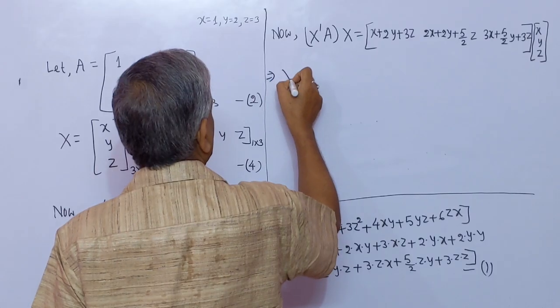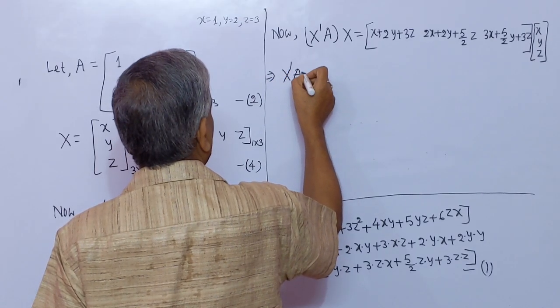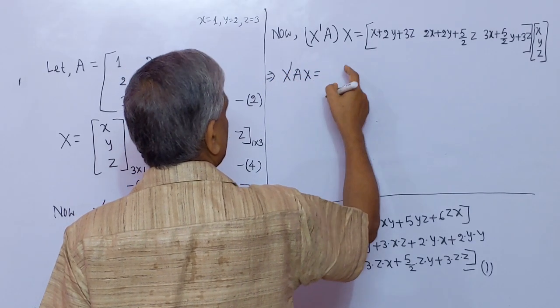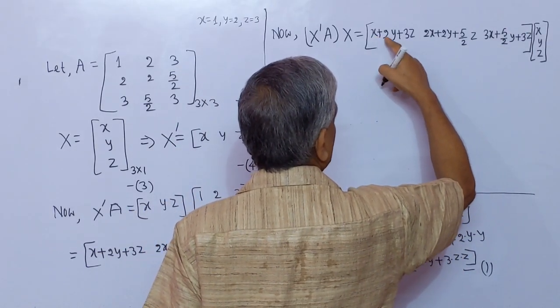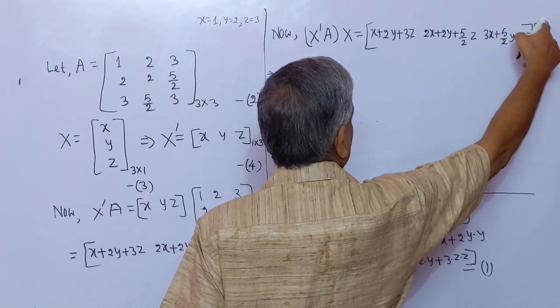This implies that transpose of X, A, X equal to, we multiply this firstly. This is first row multiply first column.